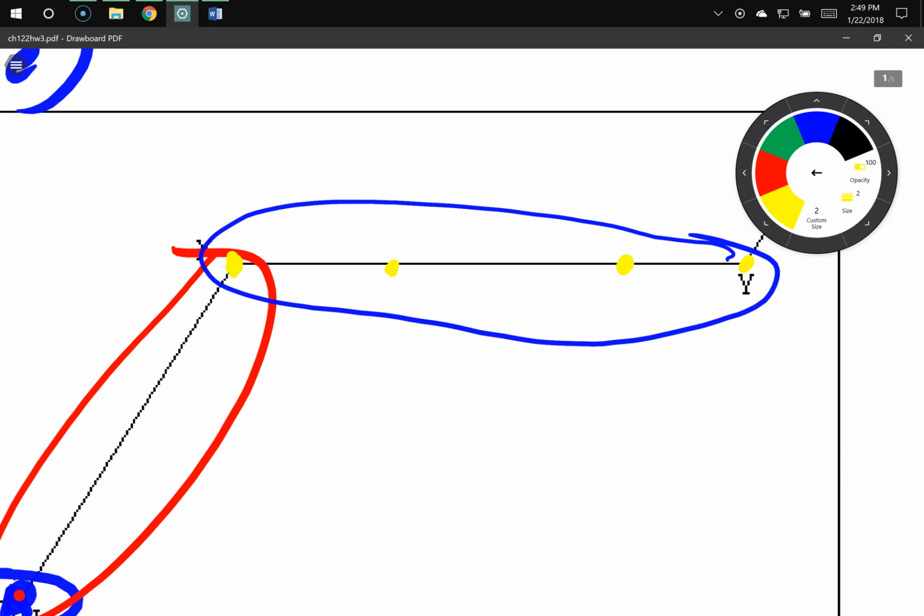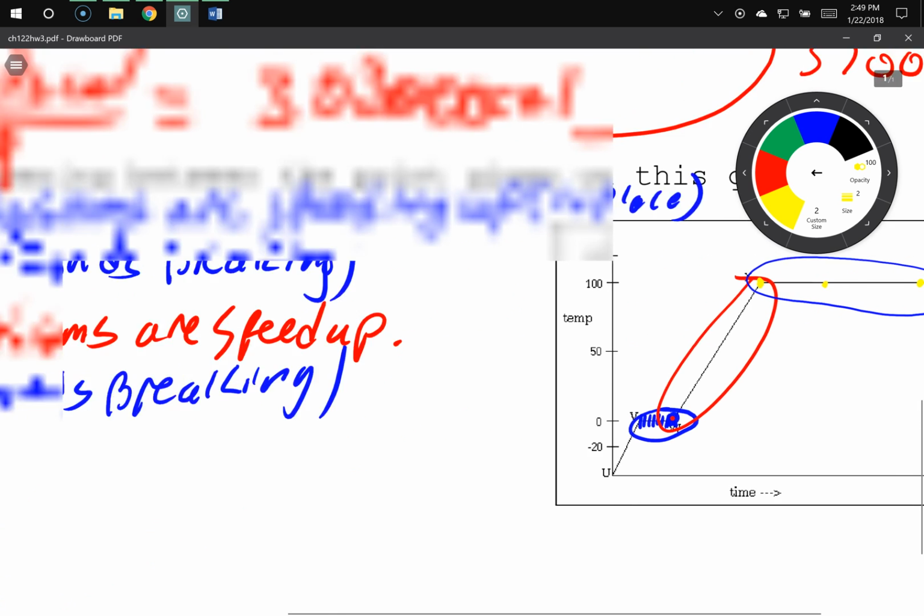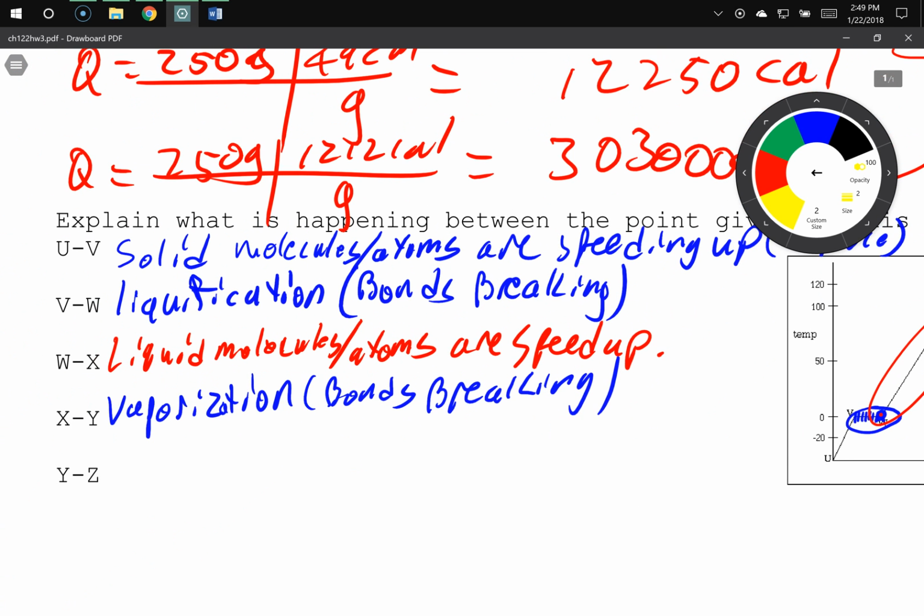As it absorbs that energy, what's it using the energy for if it's not increasing its temperature? Breaking bonds, changing state. So it's using that energy to vaporize, but its temp isn't changing that whole way across. Like we said, British cooking was horrible because all they did was boil stuff. But at least they knew what the temperature of the boiling water was, because it doesn't change as long as there's water there.